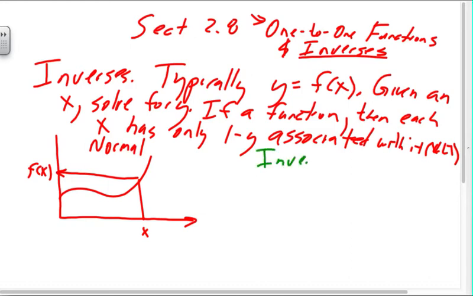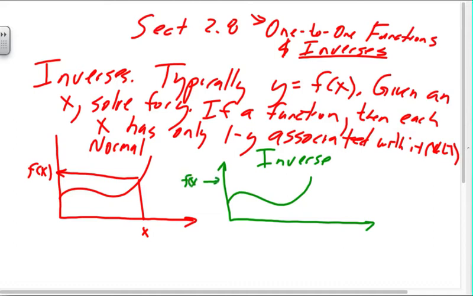This is the inverse. On this one, you're actually given an f of x. You know the y value. What you have to do is come over here and read off the corresponding x value.